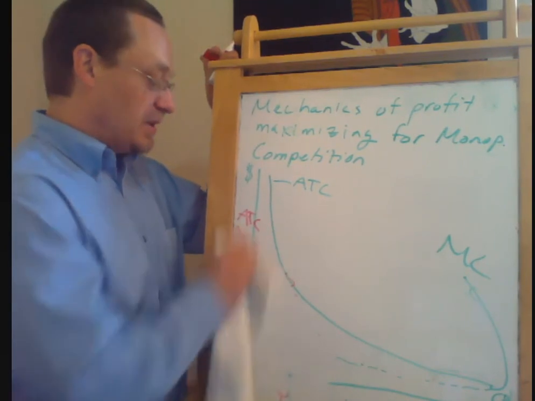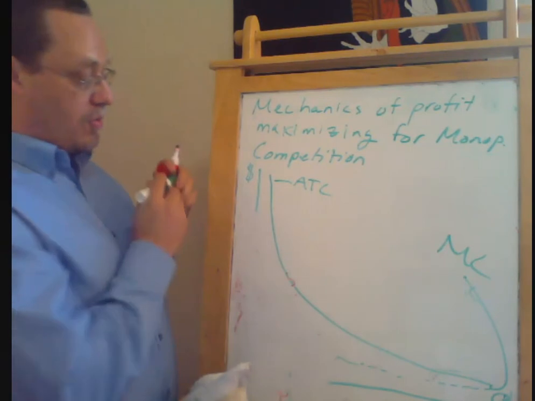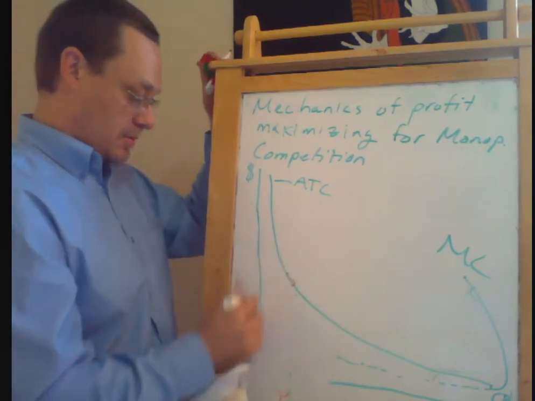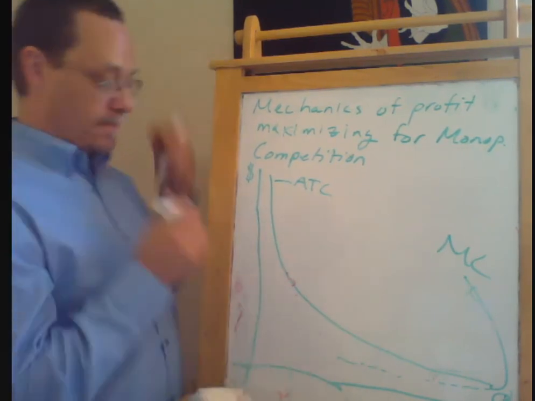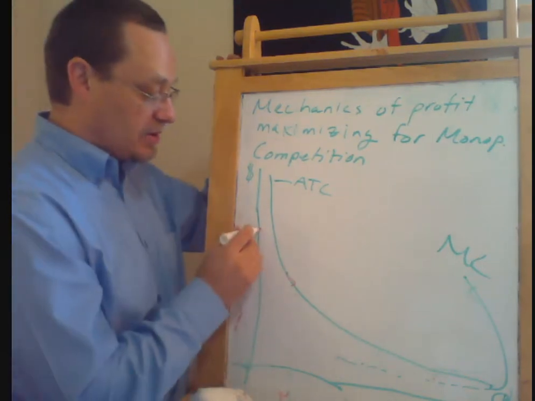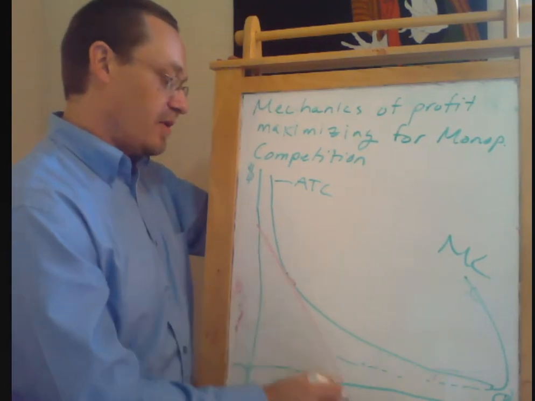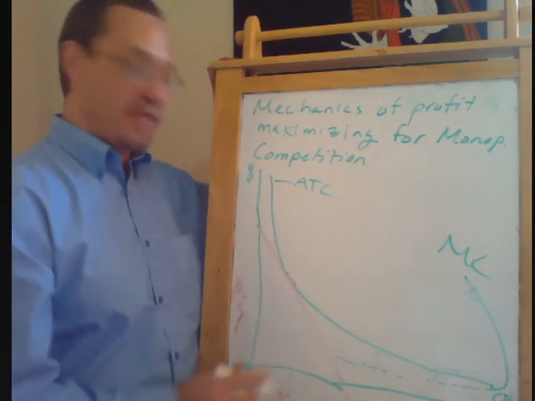And eventually, we're going to end up in a sort of Goldilocks situation here, where the level of demand in the market is going to be enough to allow firms to break even on average.